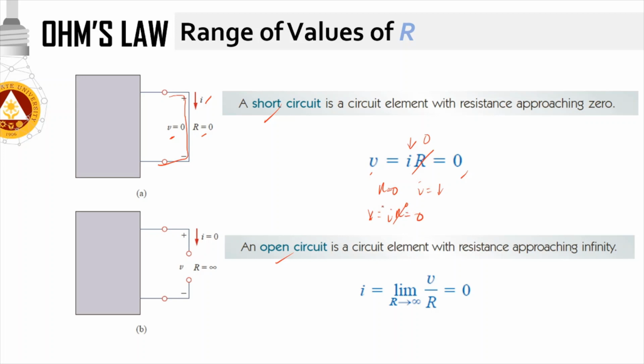Okay, that is clear. How about the open circuit? In an open circuit, our system is truly open. So the element between these two points, this open point, is air. And the resistivity of air is approaching infinity. Meaning, its resistivity is very high, so the resistance is also approaching infinity.